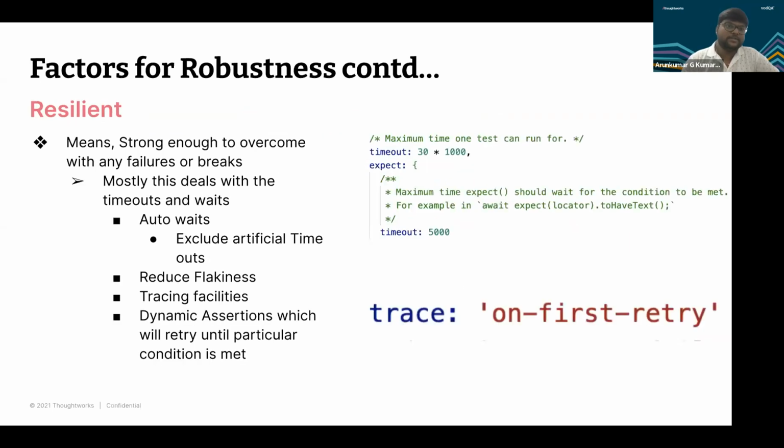And resilience. So what is resilient? It means strong enough to overcome any failures or breaks. Let's say we have a data server. Nowadays we have all powerful cloud providers and data providers.